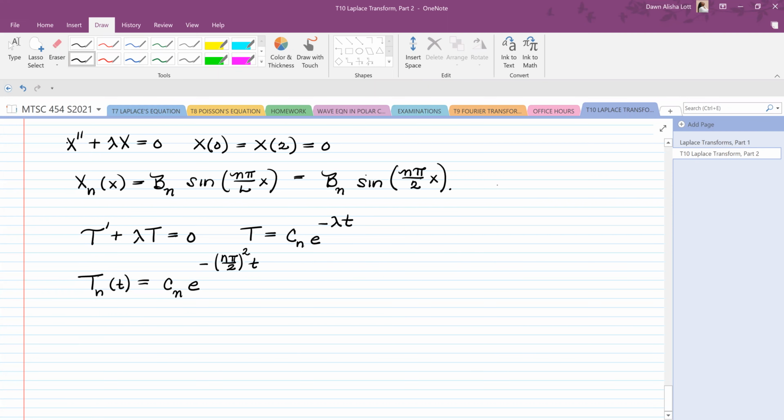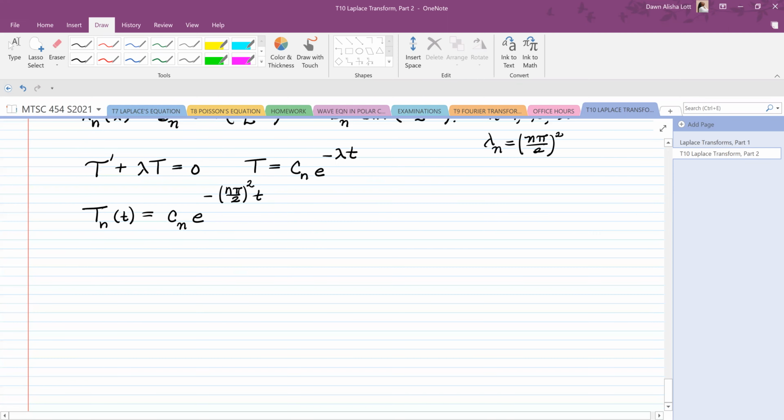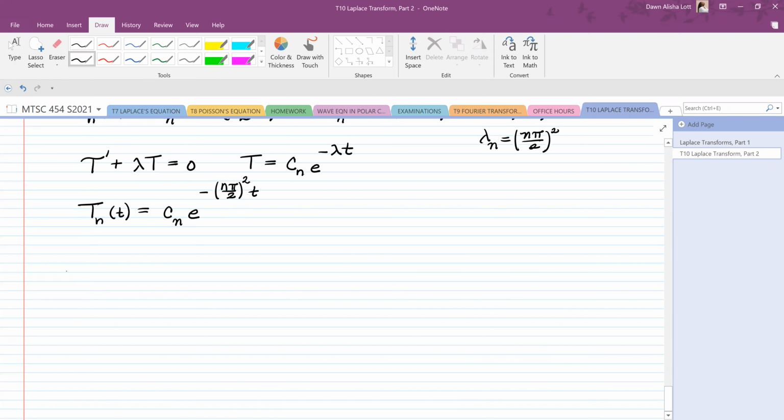Again, n is equal to 1, 2, 3, and so on. And lambda n is (n pi over 2) squared. So u of x, t, I'm skipping a bunch of steps because we've done this so many times, is the sum n equals 1 to infinity of a n e to the minus (n pi over 2) squared t times the sine of n pi over 2 x.